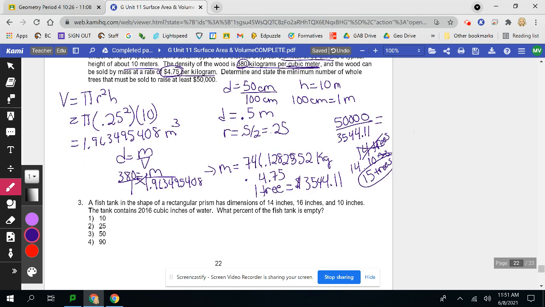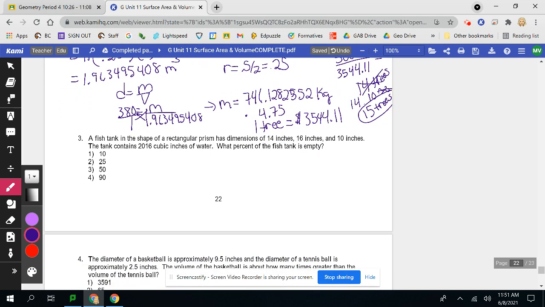So I want you to pause and try number 3, and come back and check. Okay, so first thing I'm going to do is find my volume, which is area of the base times the height, or in the case of a rectangle, it's really just length times width times height. So it's 14 times 16 times 10. And that gives me a volume of 2240 cubic inches.